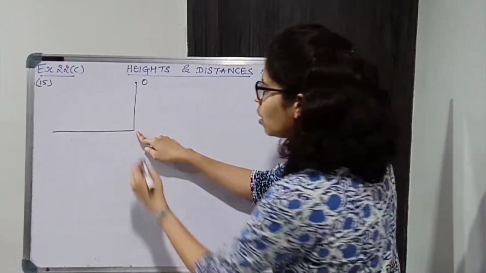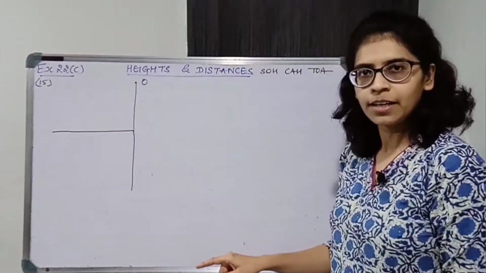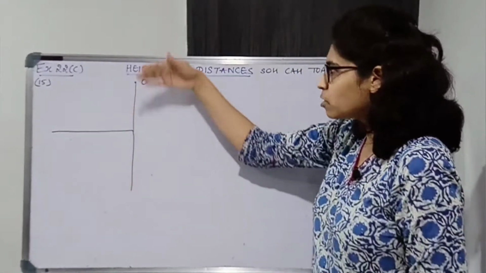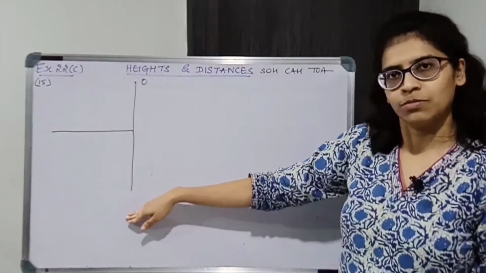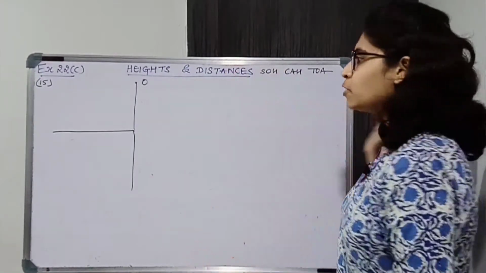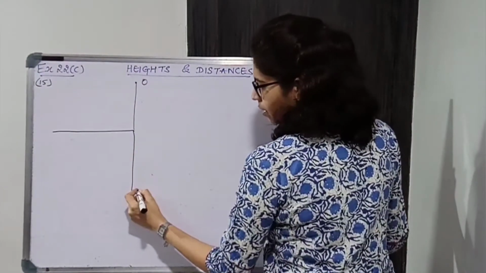Now image kahan form hoga? Yahan pe form hoga. If the object is on one side, image is formed on the other side. So object is on top, to image form ho jayega below. If the object is on the left, image is on the right. So object is over here, image will be formed over here.